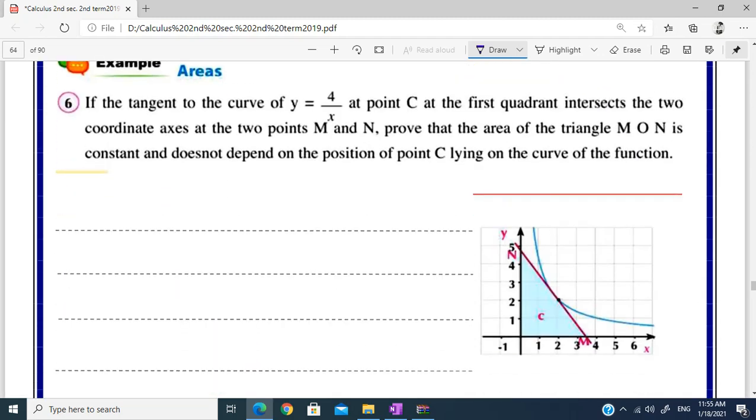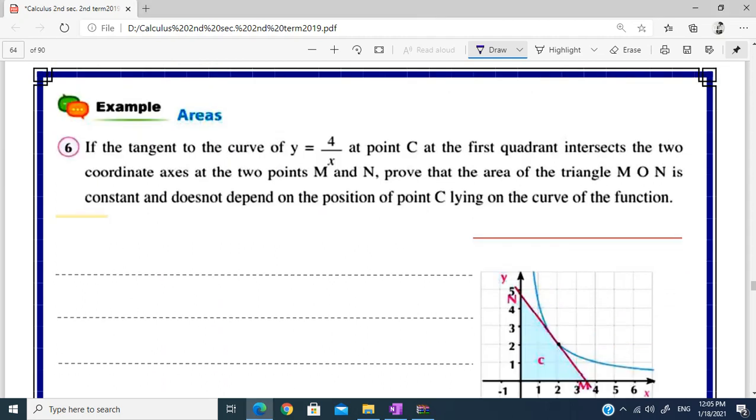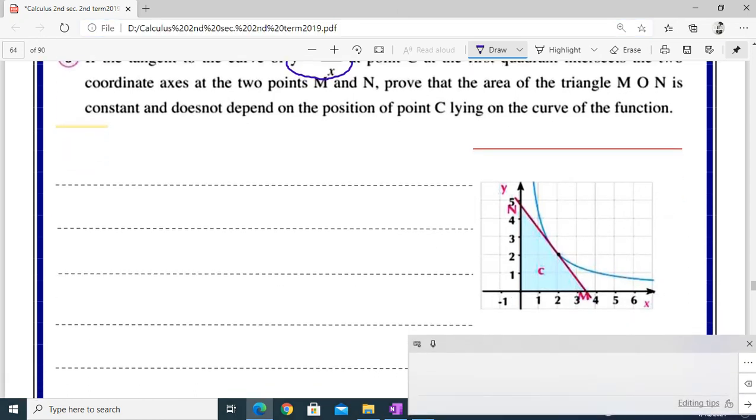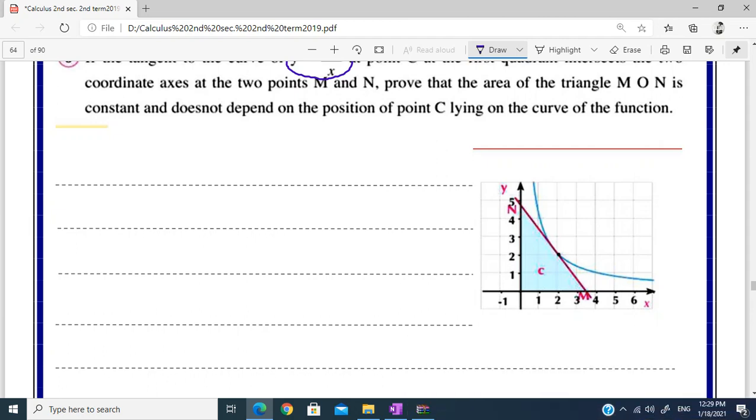Another example, so we have here: if the tangent of the curve y equals 4 over x at point C in the first quadrant intersects the two coordinate axes at 2 points M and N, prove that the area of MON is constant and doesn't depend on the position of the point C lying on the curve.